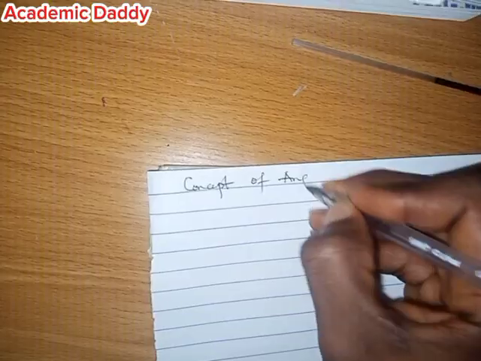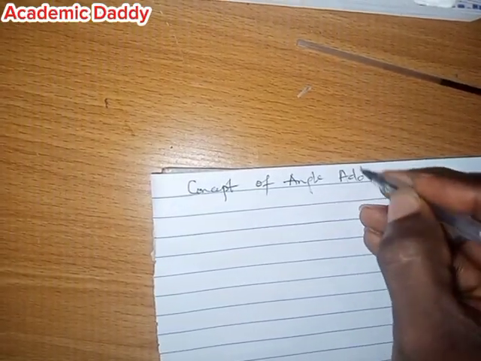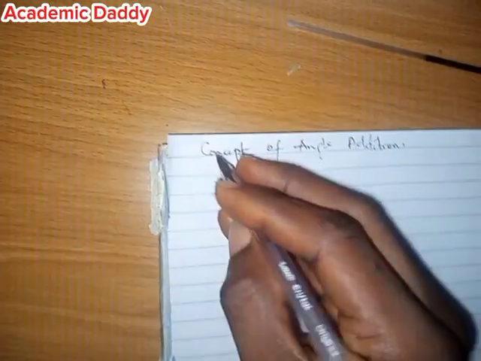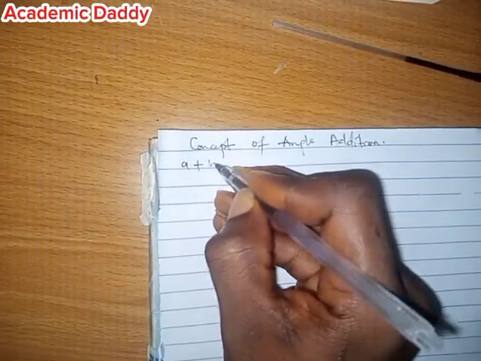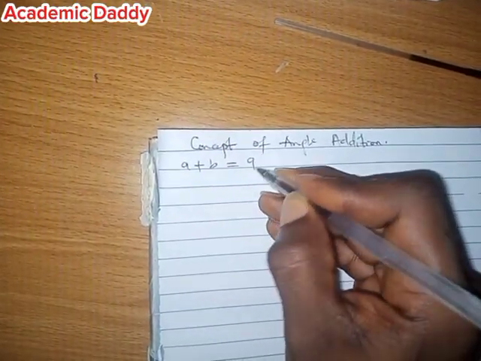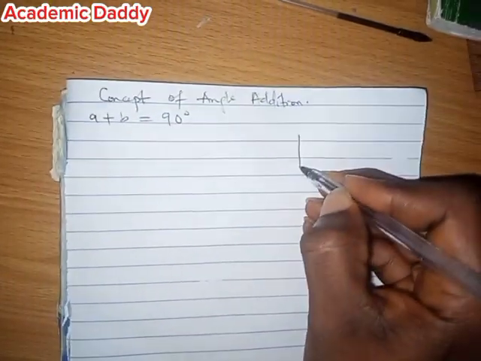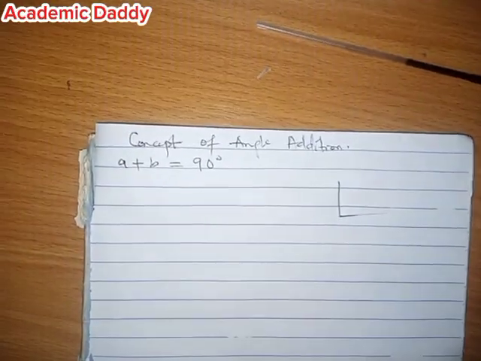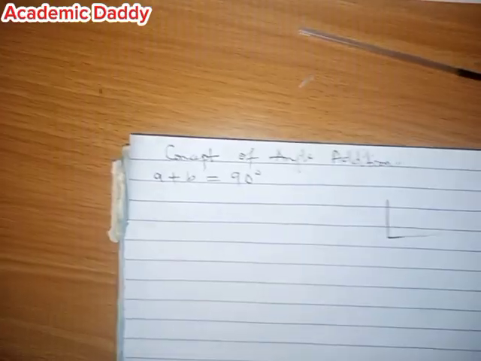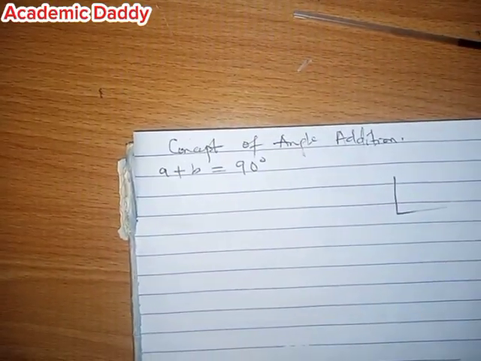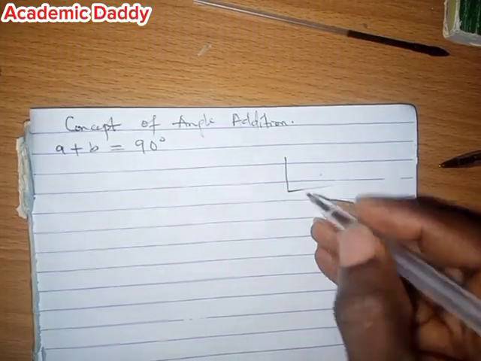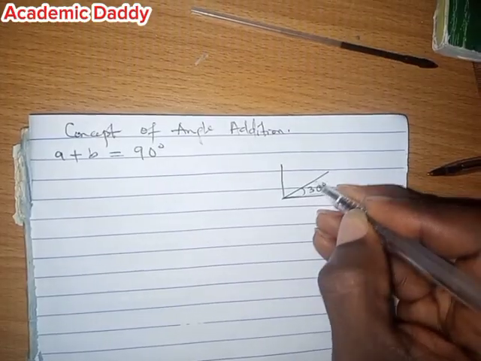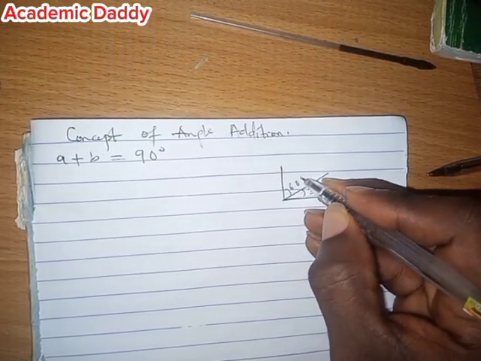What this means is that whenever I have two or more angles that give me 90 degrees, let's say I have this here, and this is 30 degrees. Automatically, here will be 60 degrees.